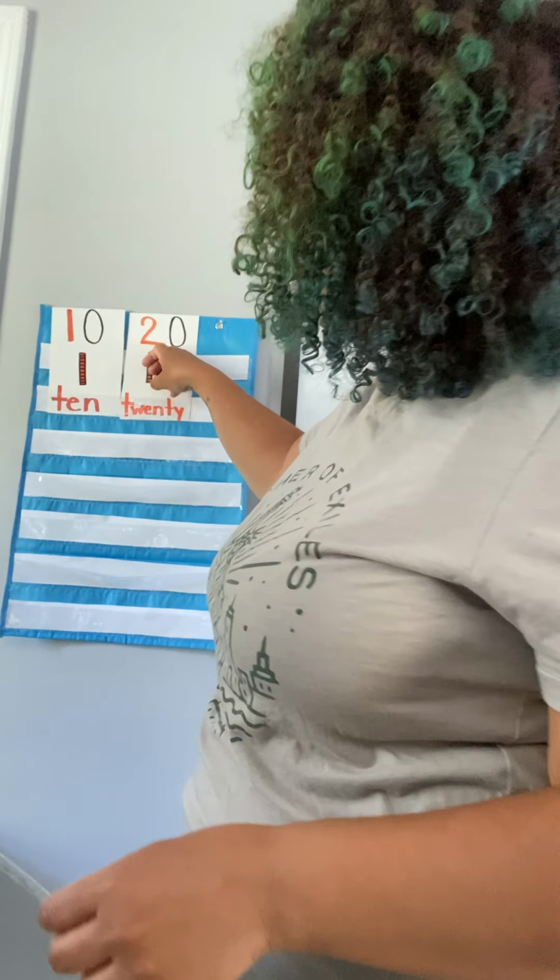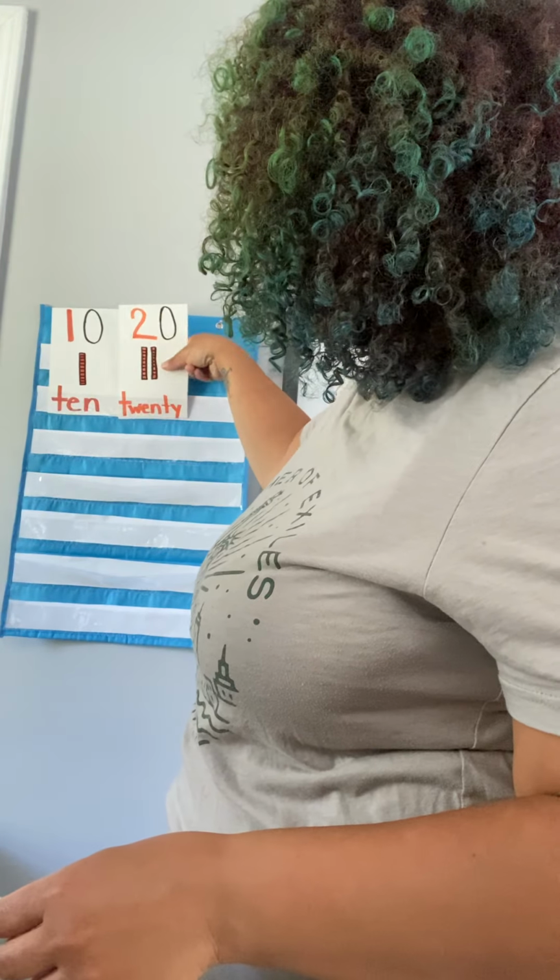10, 20. My next number is going to be, you got it, 30. Say that with me, 30. What do you notice in the beginning of the word 30? If you said the consonant digraph TH, kiss your brain.